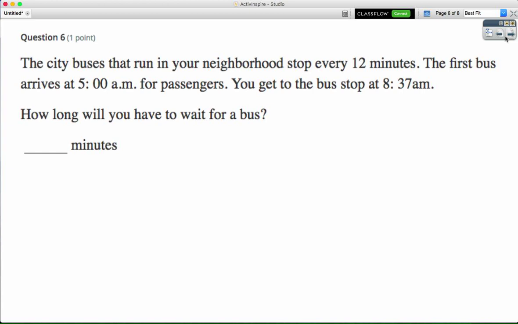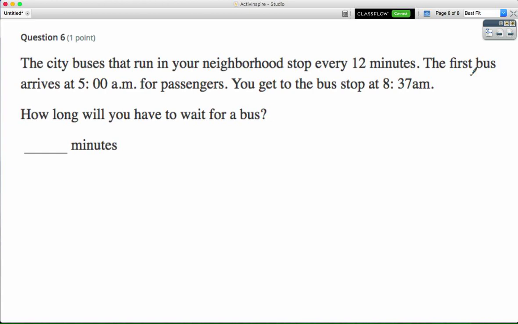Since they're trying to trick us with all of this time and minutes and converting, I find it best to just reason with the problem and use a method that makes sense mathematically, multiple options. So I know from 5 o'clock a.m. to 8:37 a.m. I can find out how many minutes have already passed.